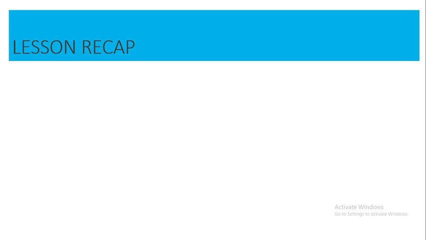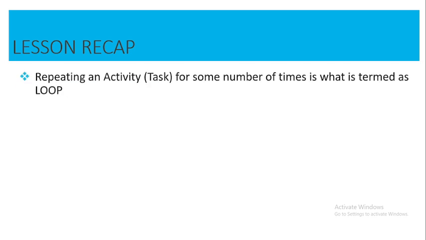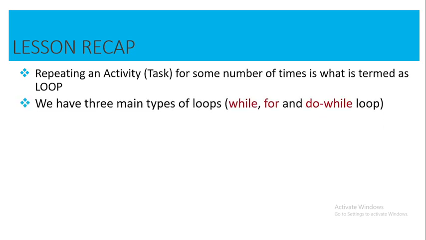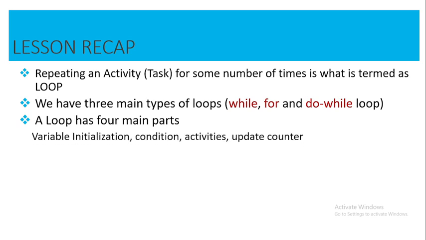Lesson recap. When you repeat an activity some number of times, that is a loop. We have three main types of loops: the while loop, the for loop, and the do while loop. A loop has four main parts: variable initialization, condition, activities, and the counter update.